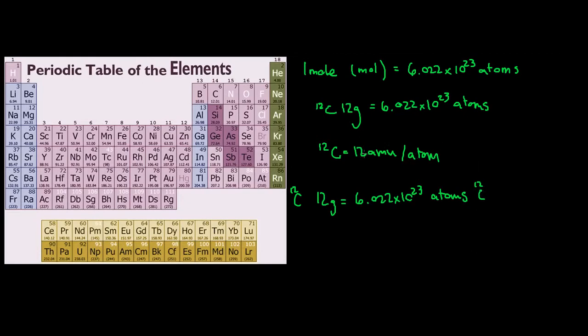of carbon-12 is equal to 12 atomic mass units, it can be said that 12 grams, and I'm not going to write carbon-12 now, is equal to 6.022 times 10 to the 23rd times these atoms, but they're going to cancel.